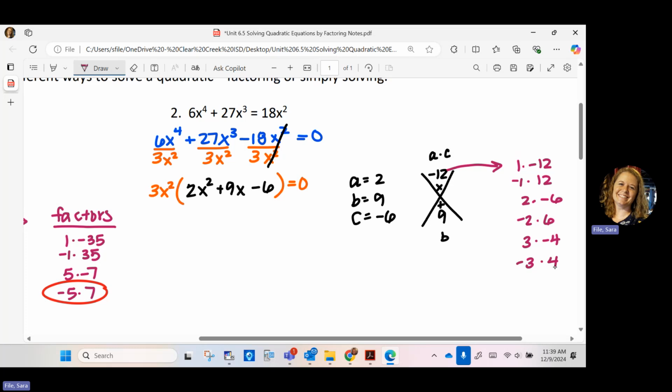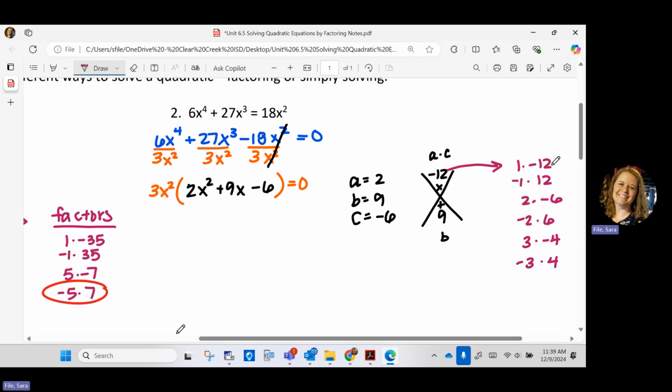So we're looking to see if any of these would combine to 9. It doesn't look like any of those would combine to give me 9. That would be 10. That would be 4. That would be 1. Okay, so I don't think I missed any factors of 12.